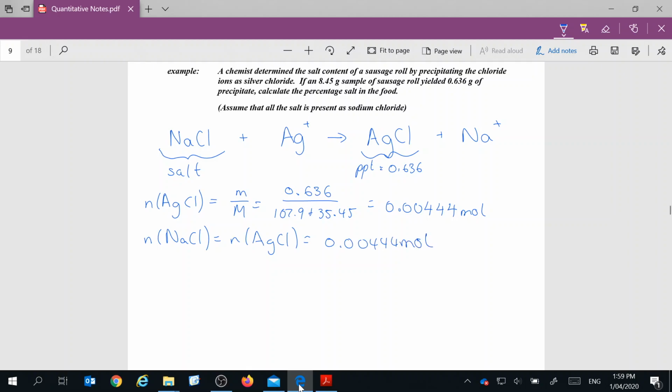Okay, and the mass of sodium chloride is the number of moles times the molar mass, so 0.00444 times the molar mass, which is 22.99 for sodium and 35.45 for chlorine.